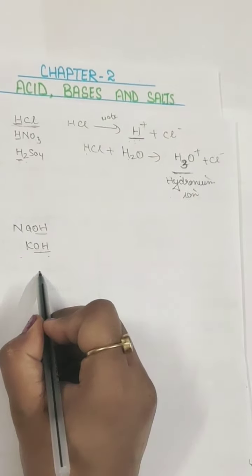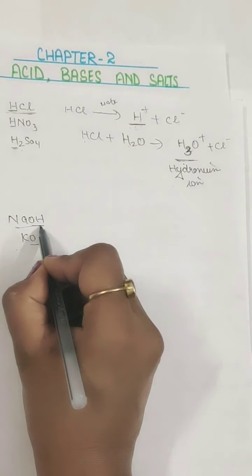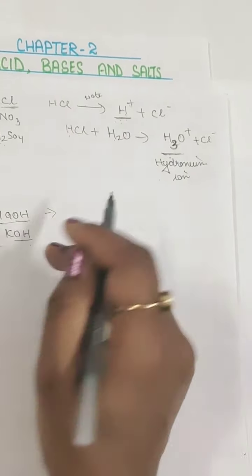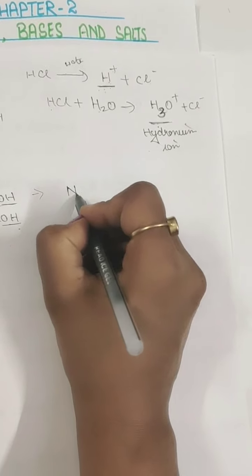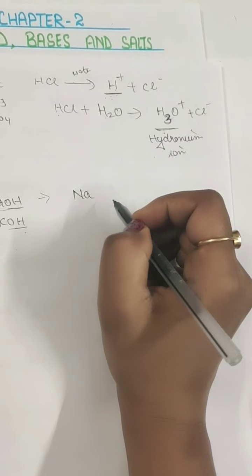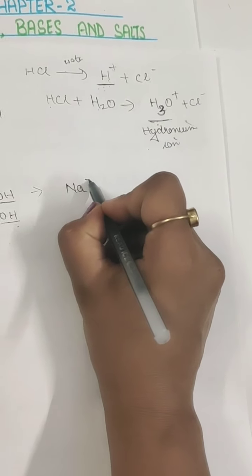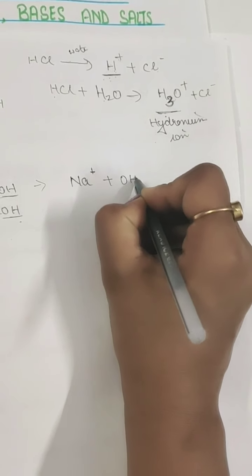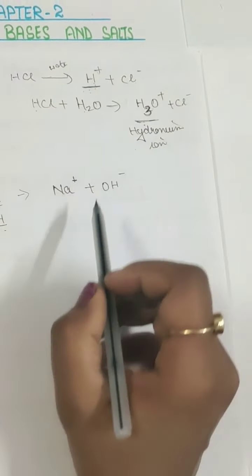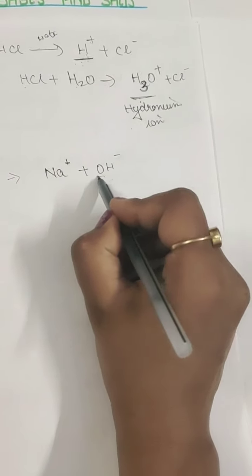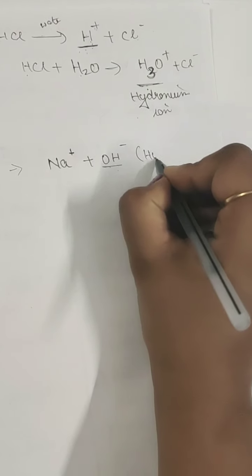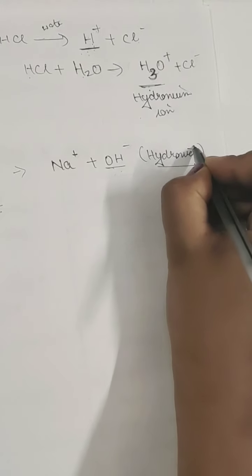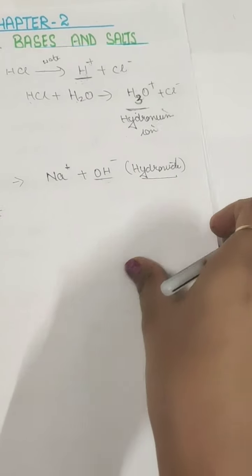Coming towards bases, these are the bases. When we dissolve them in water, they form hydroxide. That means it will form Na plus and then the hydroxide ion will be released. So here it was plus, but here it is negative. That means the hydroxide ion has a negative charge in it.